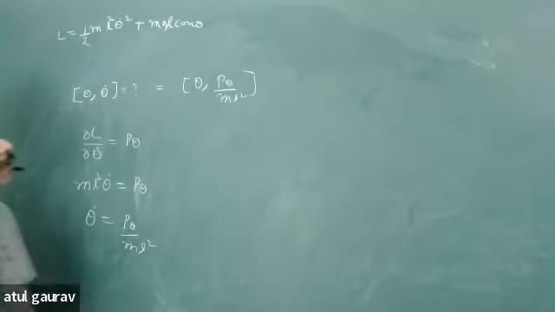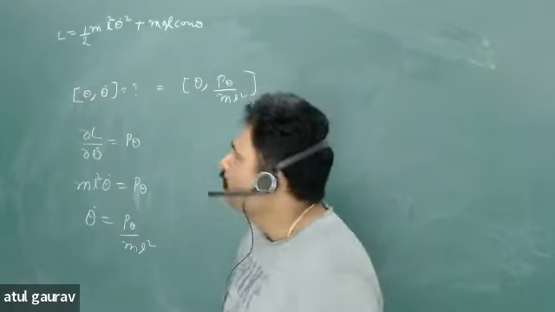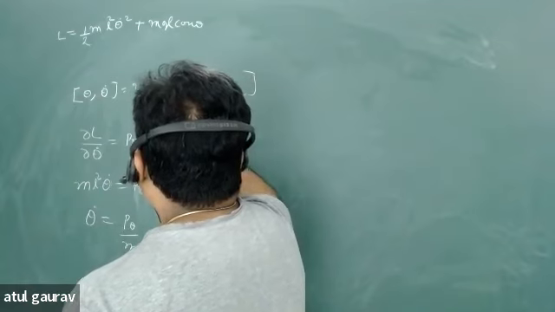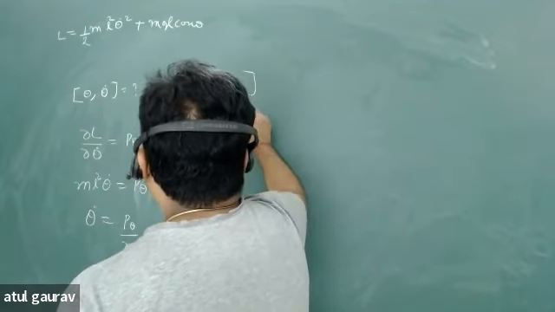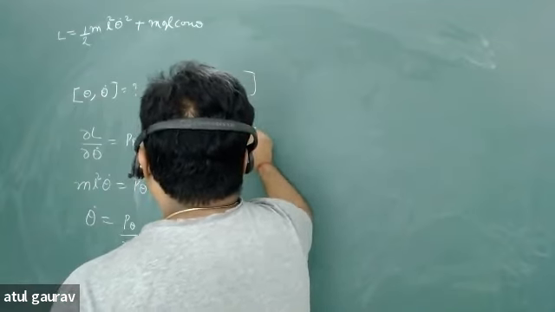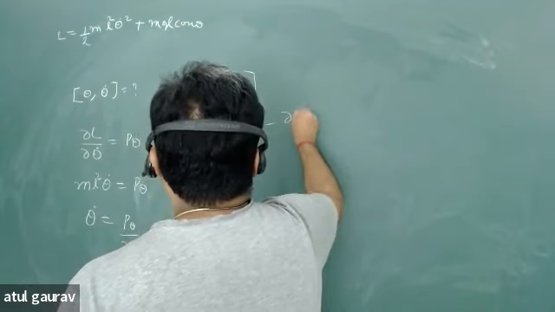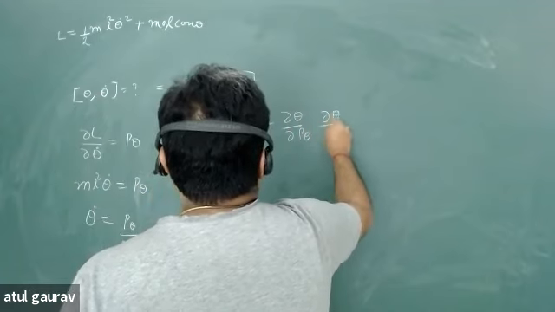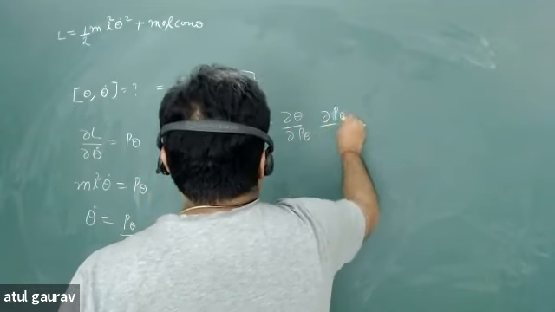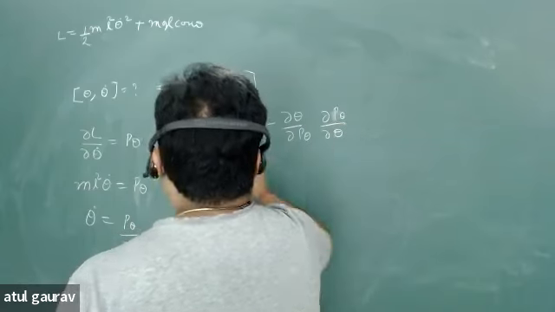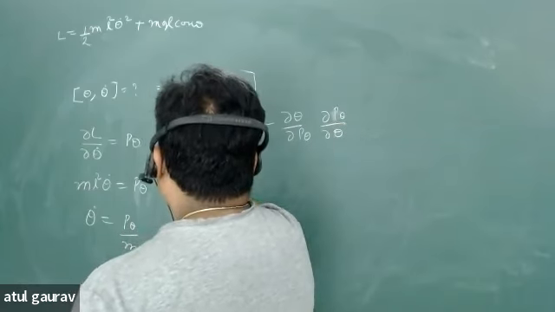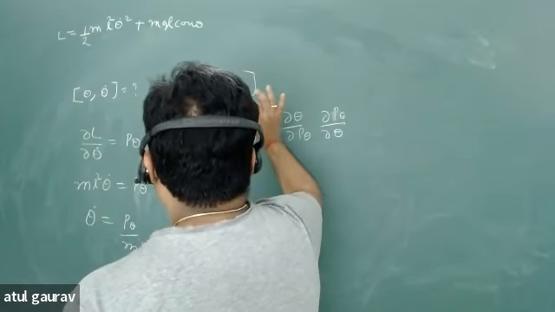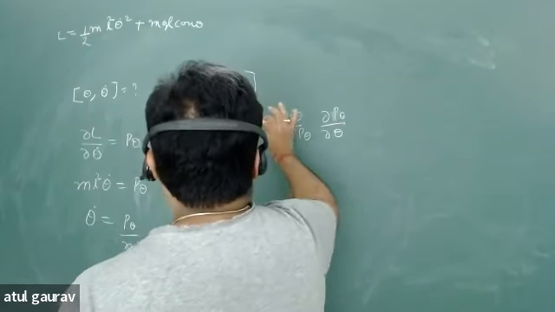And what is my generalized coordinate? Theta and p theta. So what will happen? You will just find del theta upon del theta, del p theta upon del p theta, minus del theta upon del p theta, del p theta upon del theta. So what is del theta upon del theta? 1. Sorry, इसको del p theta मत कहो, ये गड़बड़ कर रहा हूं.